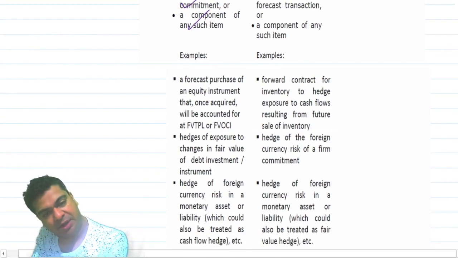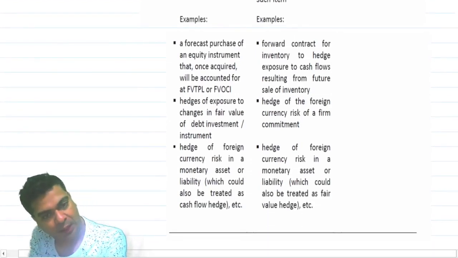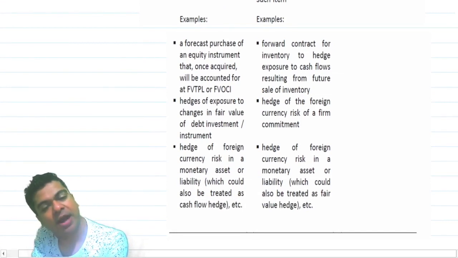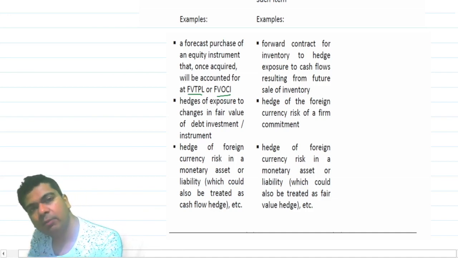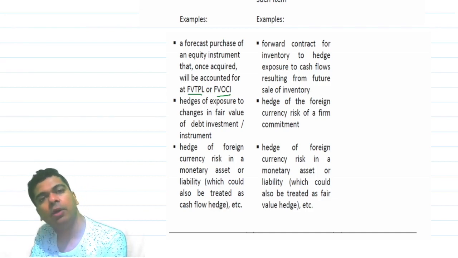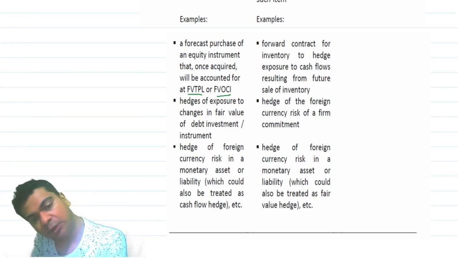Some examples are given so that you can appreciate what is a fair value hedge, right? A forecast purchase of an equity instrument that once acquired will be accounted as a FVTPL or a FVOCI. As I said, the moment I make this investment, my P&L or the OCI will be affected by the fair value changes. I want to manage those fair value changes, especially the fair value losses.